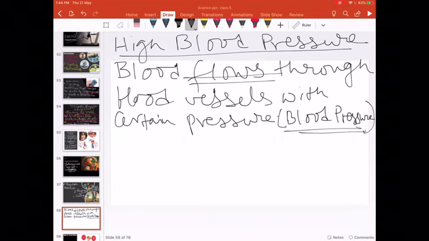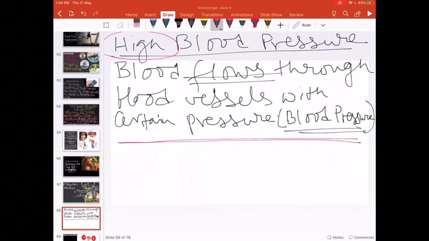Okay, you also have blood pressure, I also have blood pressure, but having blood pressure is not bad, but having excess blood pressure, having high blood pressure is bad. What is high blood pressure?